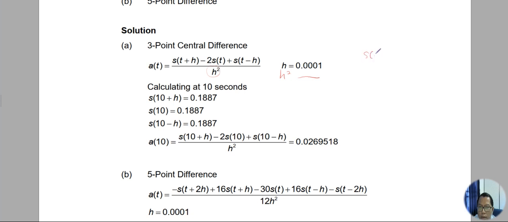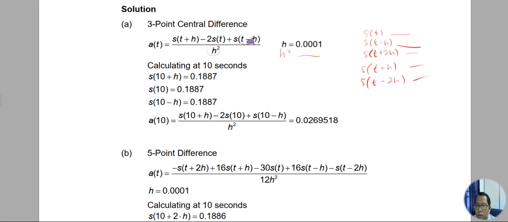Here as t, I think by default you can find s at t plus 2h, s at t minus h, s at t minus 2h.